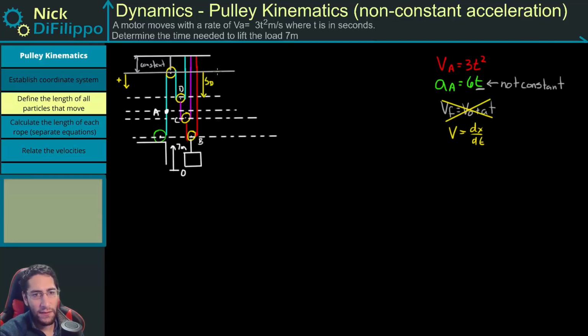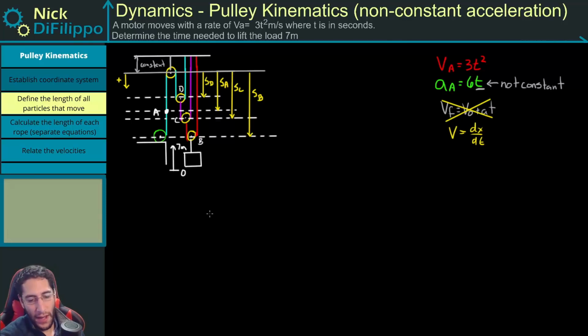The second line goes through point A, so I'm going to call this SA. The third line goes through C, so I'm going to call this SC. And my fourth line goes through B, and this is going to be some distance SB.